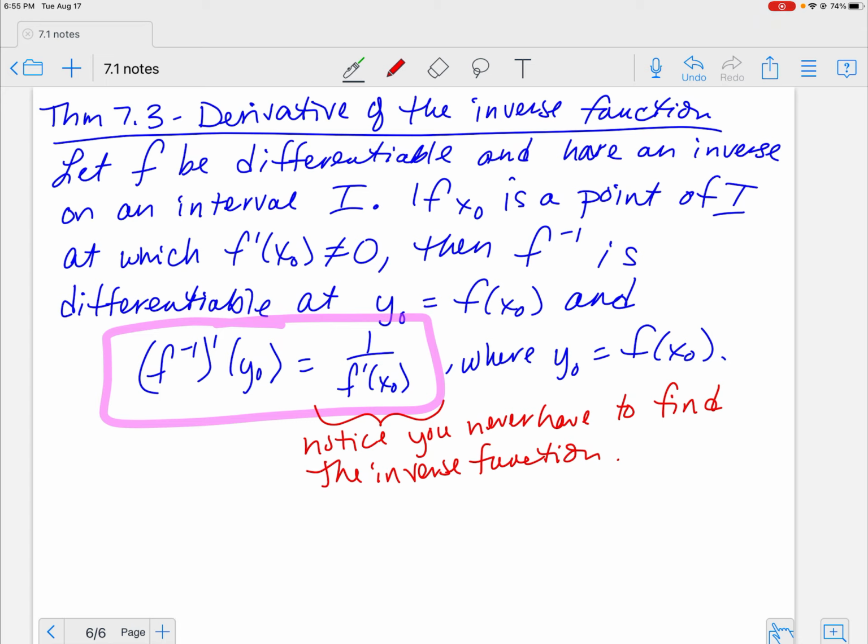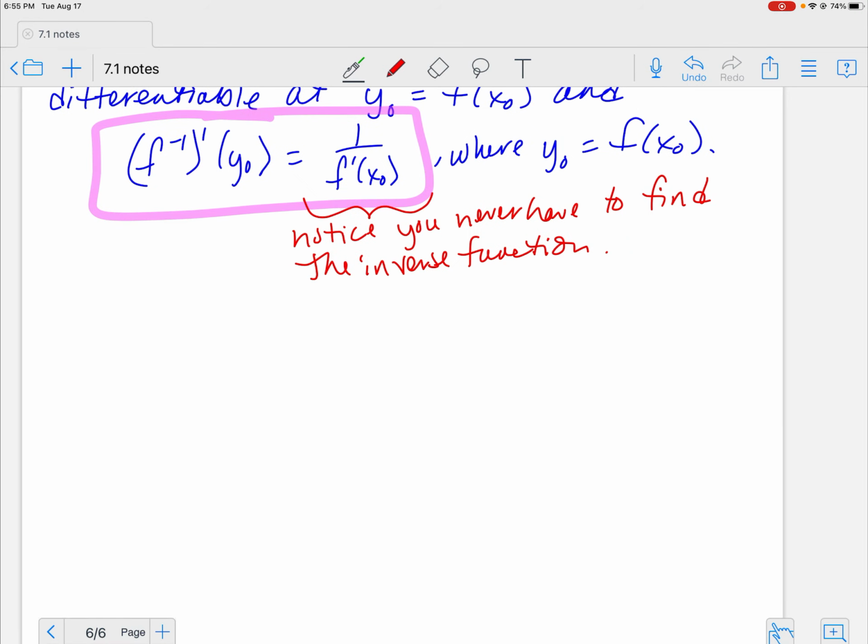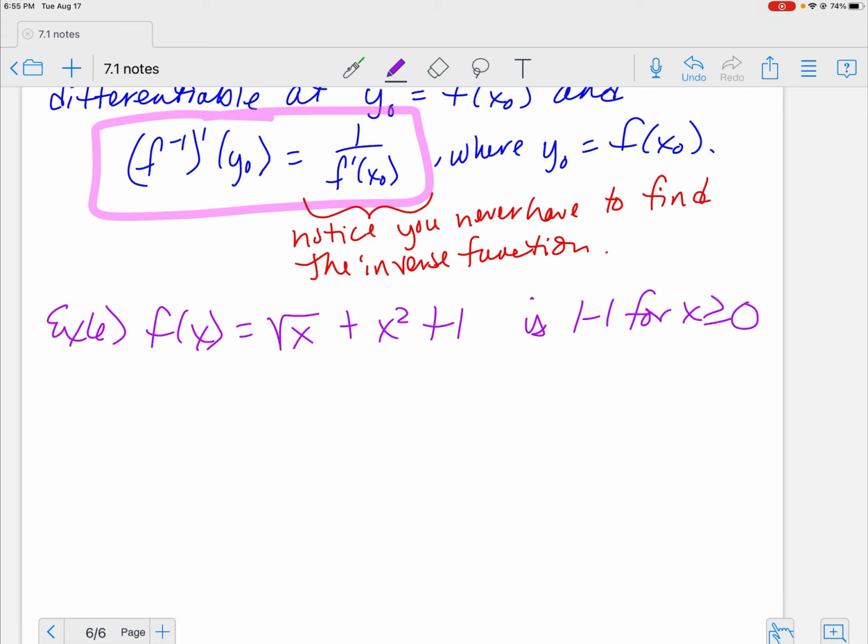Now let's look at an example that is not so easy to find the inverse of, which is why we don't have to for these. Let me go purple on it. Here's example 6. I have f of x is equal to the square root of x plus x squared plus 1. And I know that this is 1-to-1 for x is greater than or equal to 0.